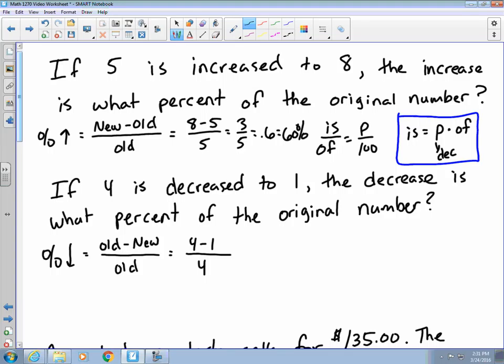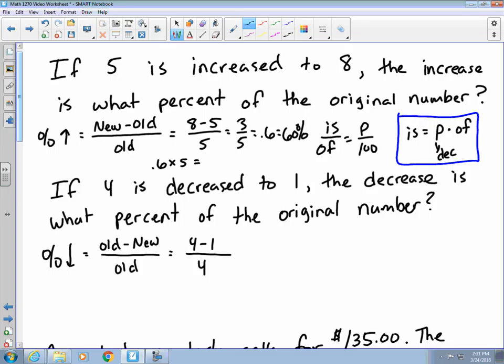Now, if I want to connect that to the equation or use the equation to prove, okay, is this correct? What does that really mean? That's a 60% increase. So to do that, the increase is 3. If you take 60% as a decimal times the of, what do you get?